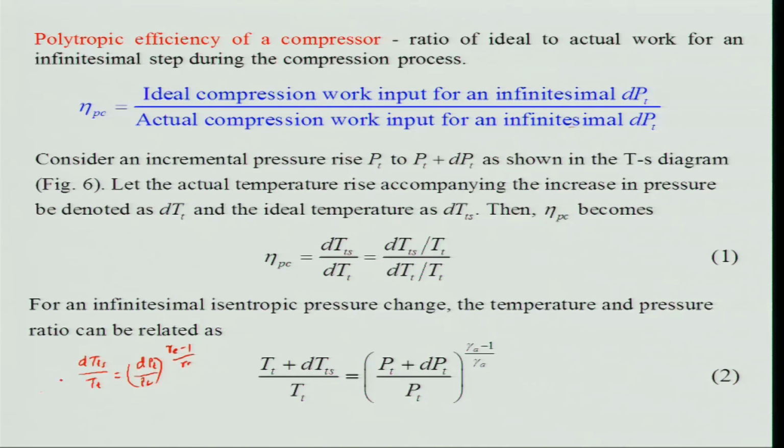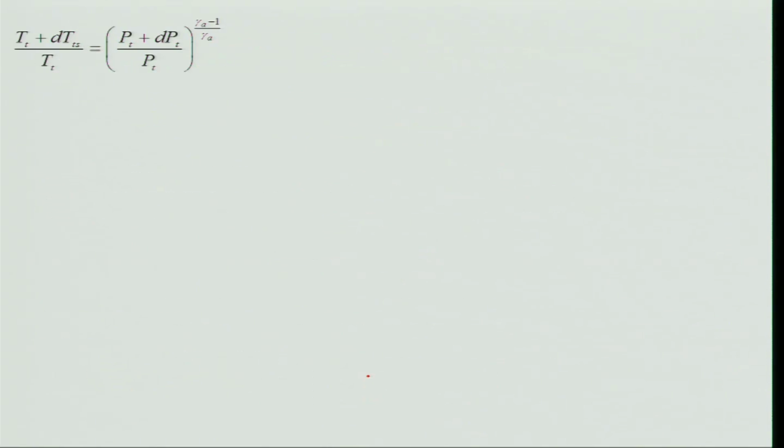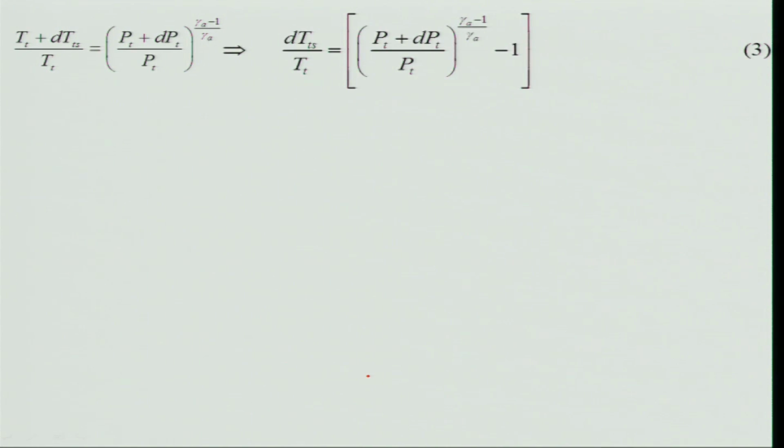So, I can write 1 plus this, 1 plus this will be 1 plus that, right, and then I will use the binomial expansion, because these are very very small quantities, right. I can rewrite this as dT_s by T_t, (P_t plus dP_t) divided by P_t to the power (gamma minus 1) divided by gamma.